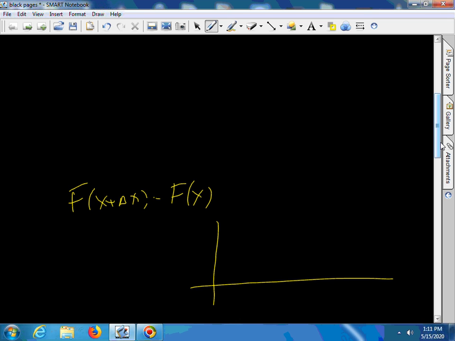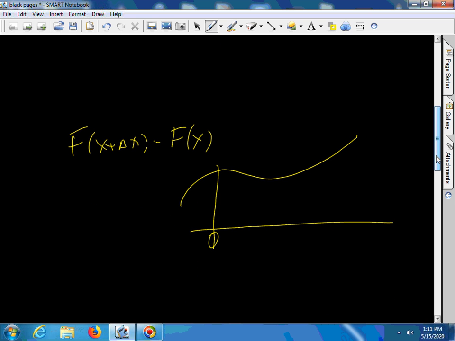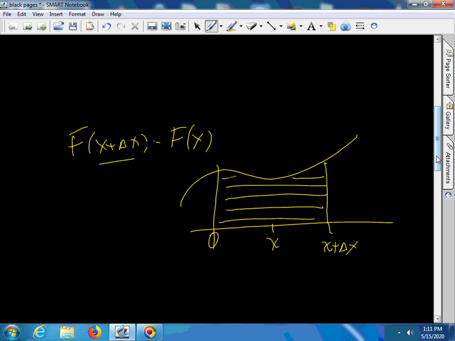So here's some function. Here is 0, here is x, and here is x plus delta x. Well, big F of x plus delta x is the area from 0 all the way up to x plus delta x, and the area big F of x is the area from 0 all the way up to x.